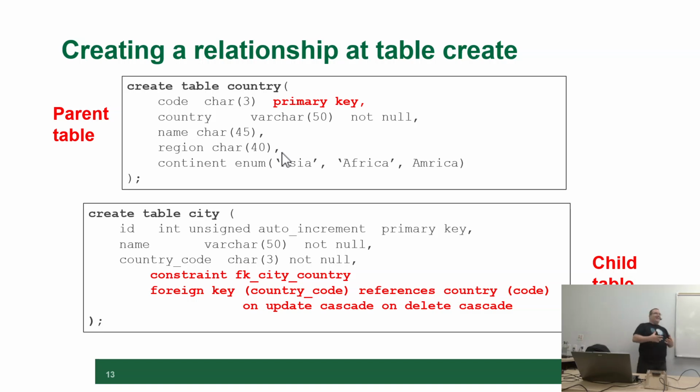The on delete cascade is really, really freaking dangerous. On delete cascade says if you delete the parent, the children will be deleted automatically. Instantly. No questions asked. It's not even going to warn you. It's a drive-by shooting. There's no warning at all.